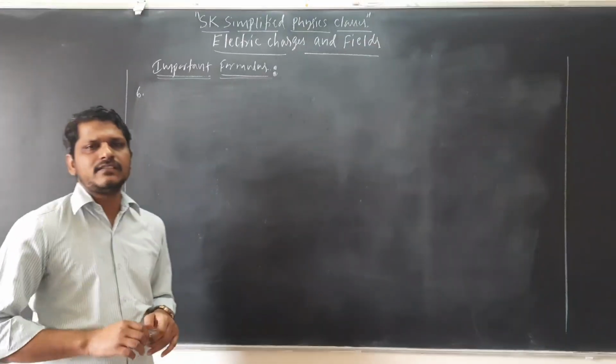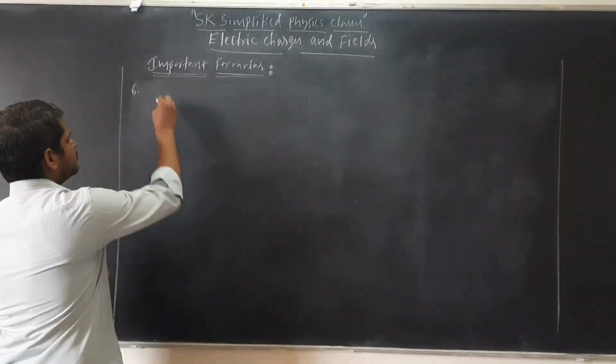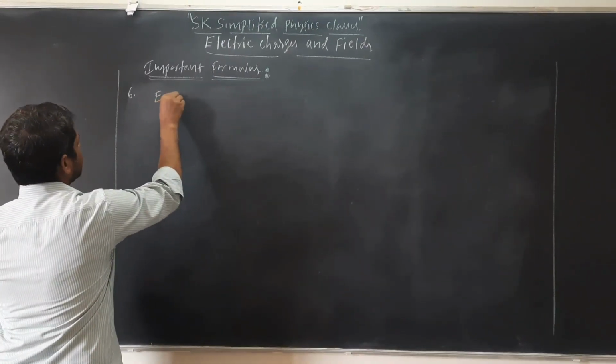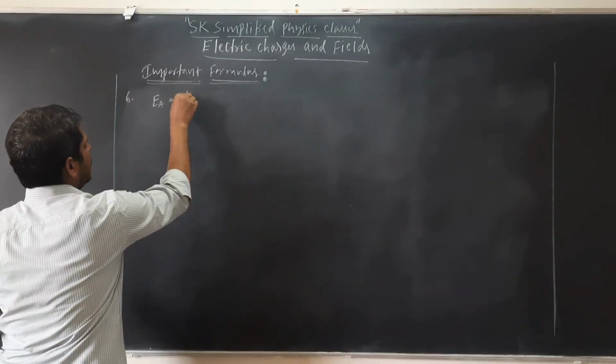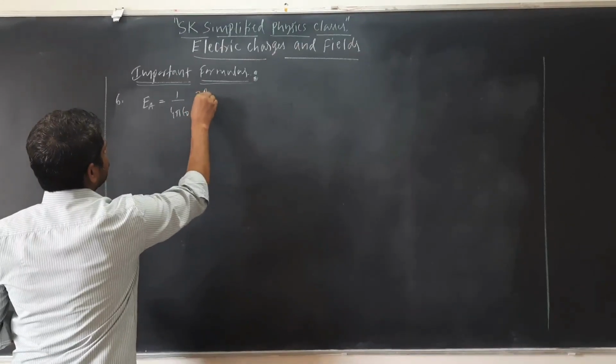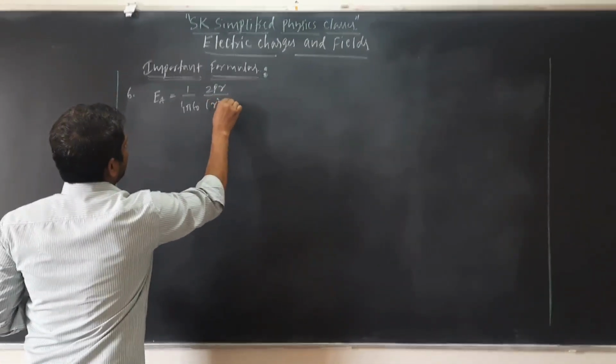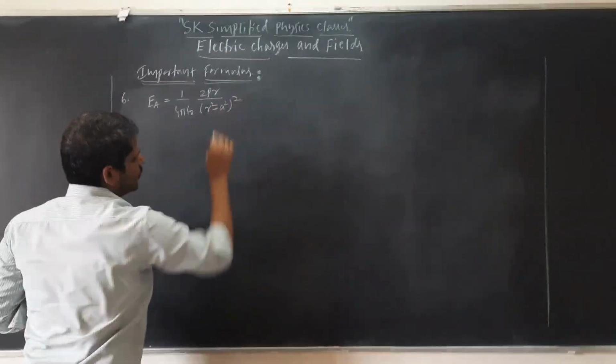The electric field at a point on the axial line of the electric dipole is given by 1 divided by 4 pi epsilon naught, 2pr divided by (r square minus a square) whole square.